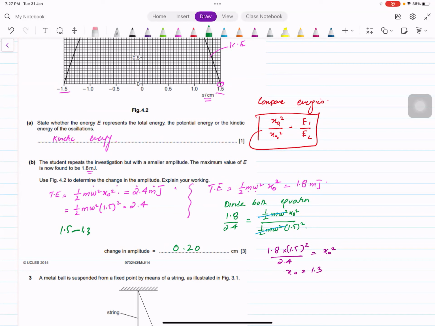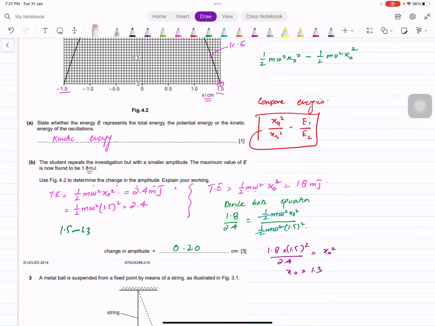Sir, why can't we just use kinetic energy is equal to half mv square, not minus half mv square, and then we can find the change in amplitude? You're saying you do half m omega square x naught square minus half m omega square x square?